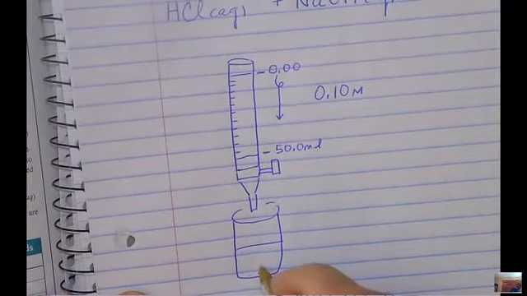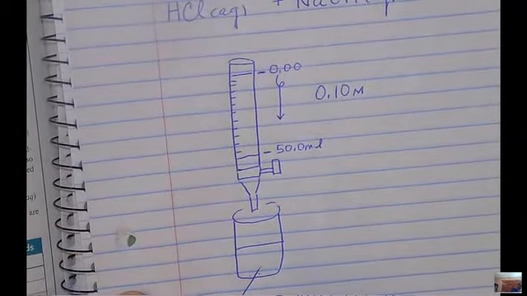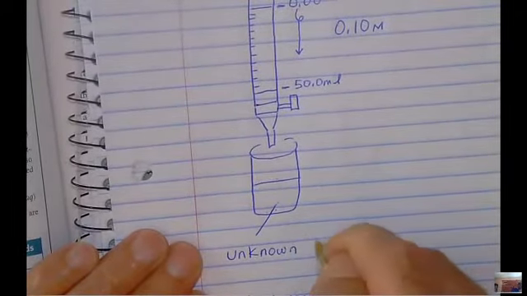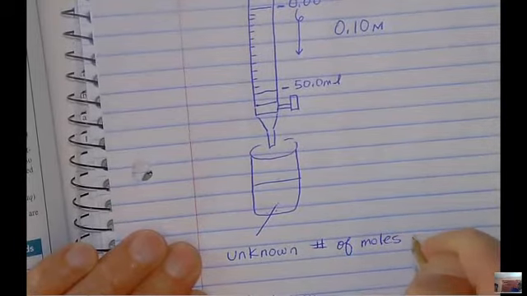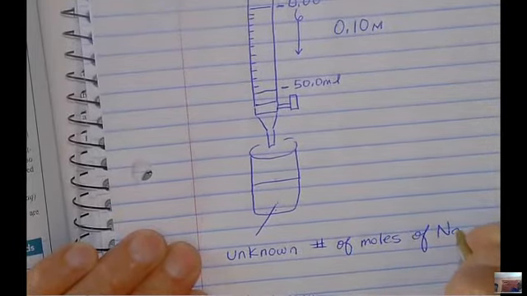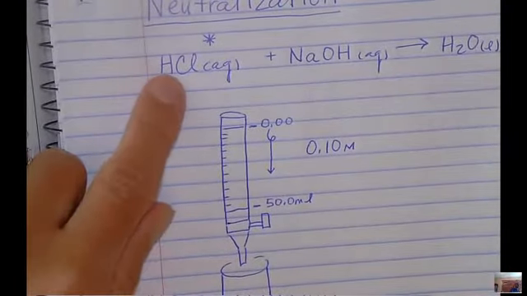Add a little bit, add a little bit. Now what am I looking for? Well, what do I have up here? I have 0.1 molar. And then over here, I'm going to have an unknown concentration or an unknown number of moles of the other reactant, sodium hydroxide. So this guy's going to be known.